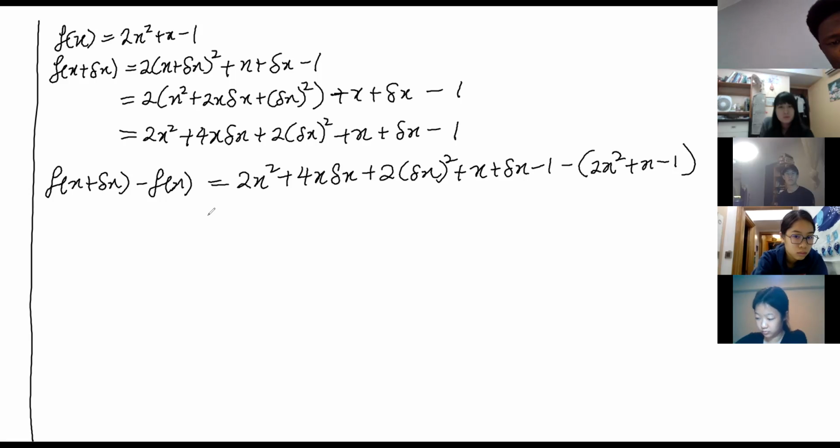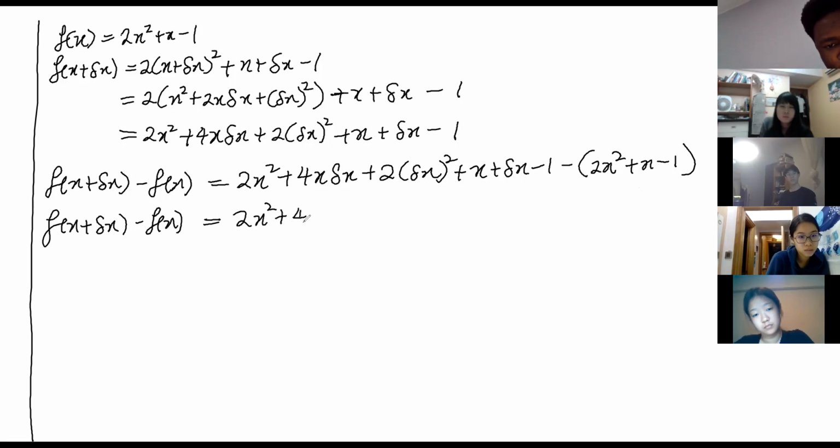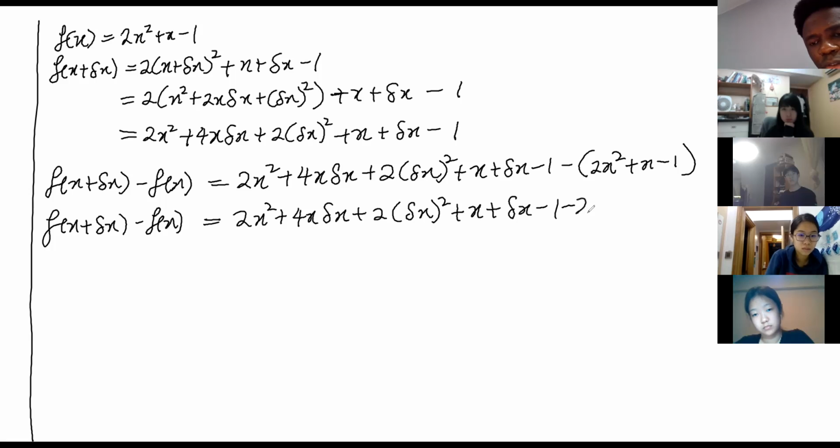So if I open the bracket, I'm just going to write the result now. If I open the bracket, the 2x squared, plus x and minus 1 go. Understand? So it means f of x plus delta x minus f of x. Okay, I'm going to write it again. Sorry. 2 times x plus delta x all squared plus x plus delta x minus 1, minus 2x squared minus x plus 1.